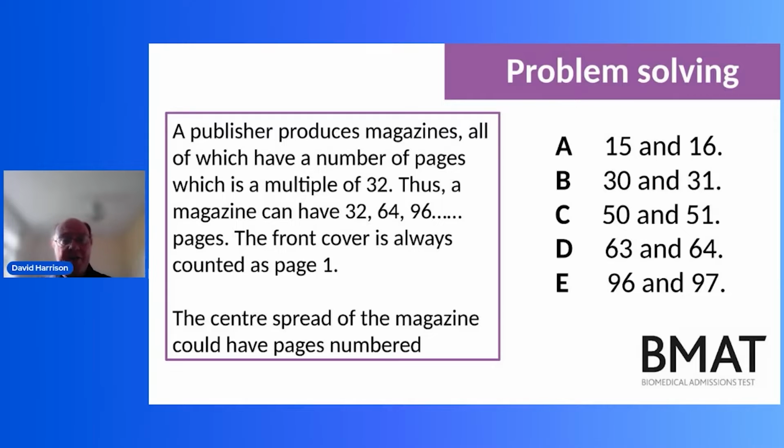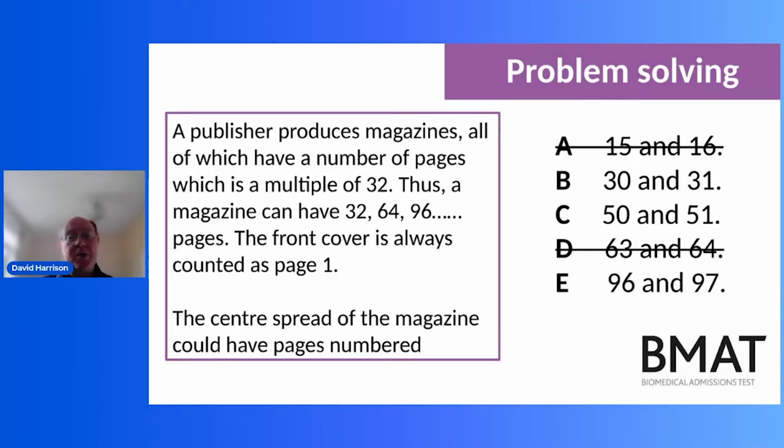So given that, we can immediately eliminate options A and D because they have an odd number on the left-hand side and an even number on the right-hand side. So we've now brought it down to 3 options. So thinking about that, all these magazines are a multiple of 32 pages, which means that the center spread is going to be a multiple of half of 32 because it's halfway through.